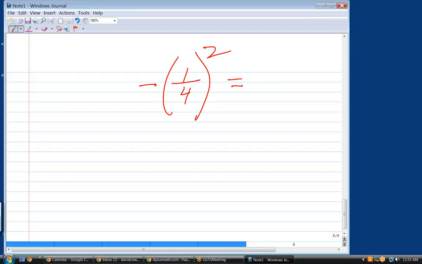Minus 2, 8. Okay, first of all, let's take this part here. It's important to understand that the exponent 2 does not operate on the negative sign. It only operates on what's in the parentheses. So the first step is to square 1/4. 1/4 squared means 1/4 times 1/4. What's 1/4 times 1/4?